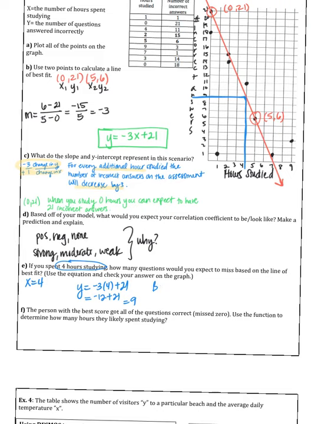So based on our model, if you spend 4 hours studying, we would expect 9 incorrect questions.